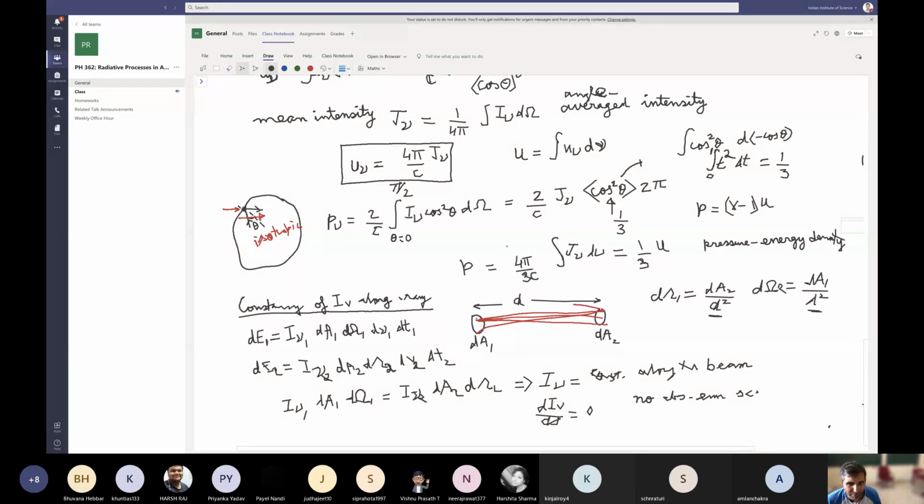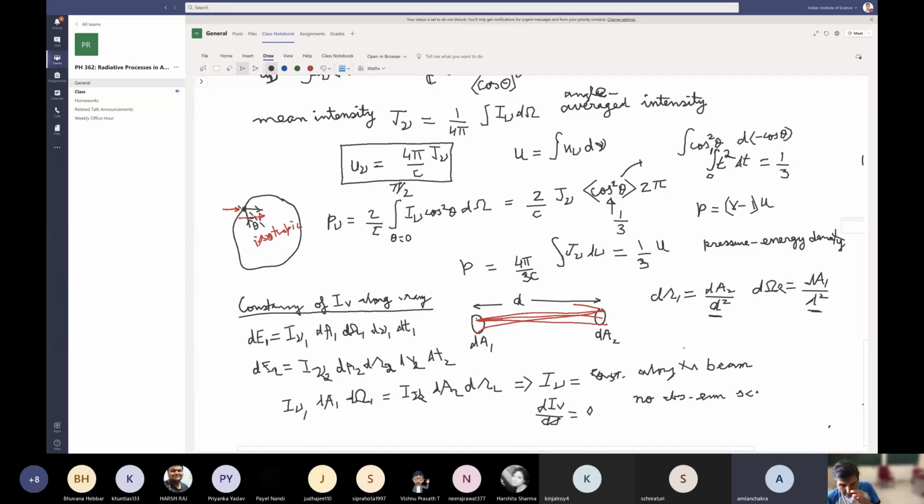I paid attention to this a little bit at the beginning of the class. This angle and the area are two independent variables. Okay, so it's this distance d which matters, not the distance from some original source.